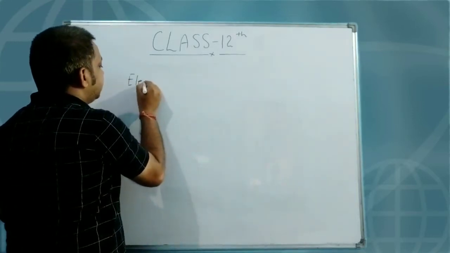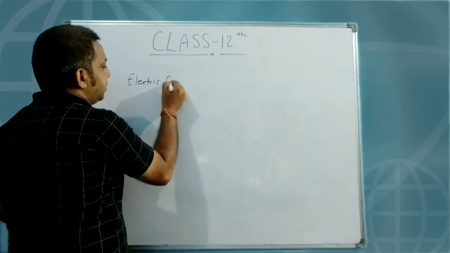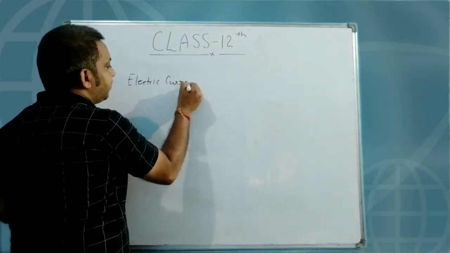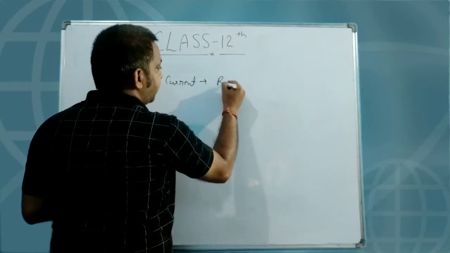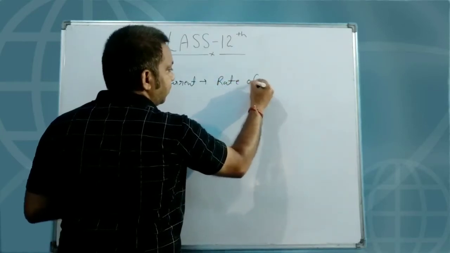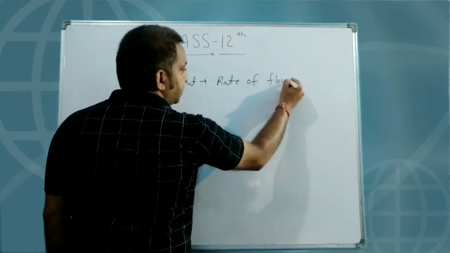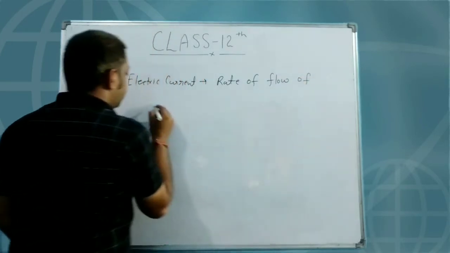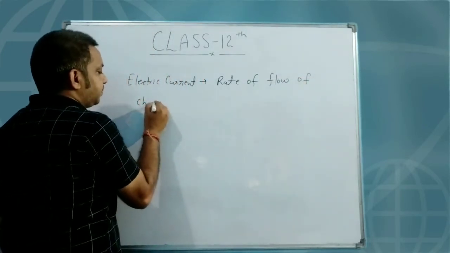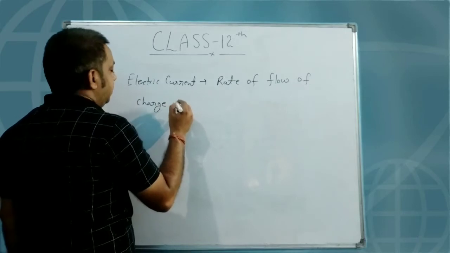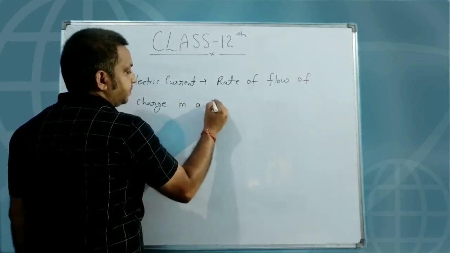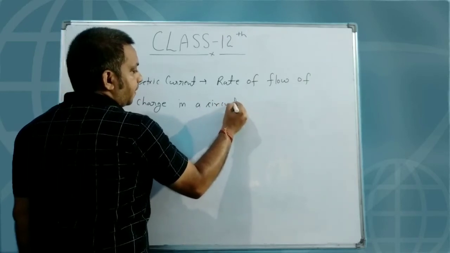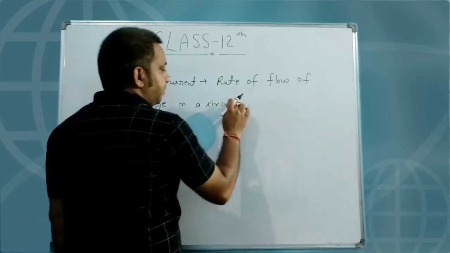Electric current is defined as the rate of flow of charge in a circuit with respect to time.